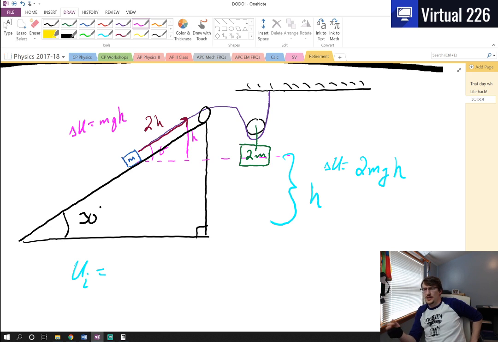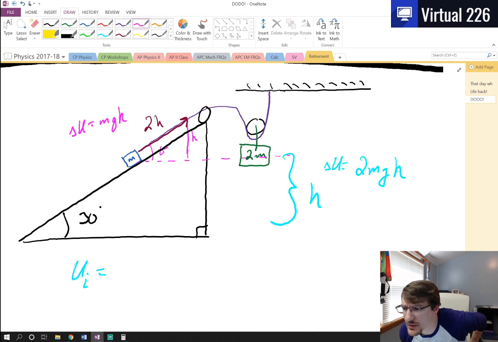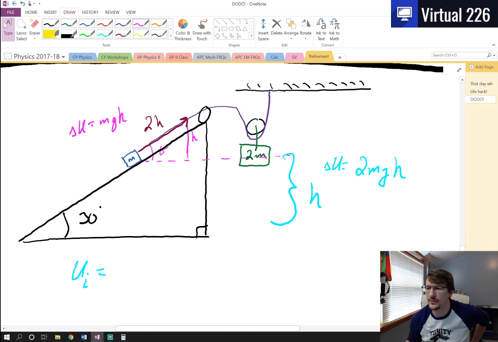But if the answer is just mgh, you would have already answered it based on what you have here. Why do you have mgh over 3? Or am I looking for just one of the masses? Am I looking for just mass L or mass K? Or am I looking for the whole thing? Am I looking for the system or just this mass's kinetic energy or this mass's kinetic energy?